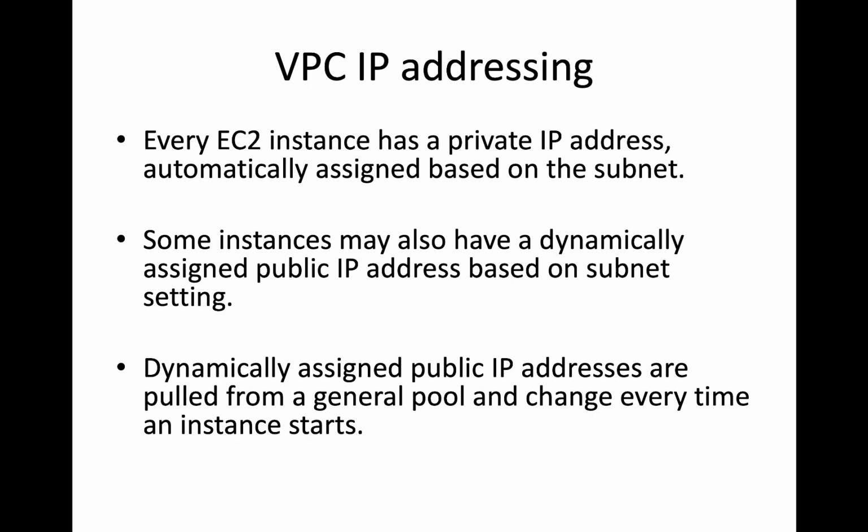Well, so when you create each EC2 instance, every EC2 instance is going to be given a private IP address. And that private IP address is going to come from the IP address block, which is associated with the VPC. Every EC2 instance you launch is going to be launched within a particular VPC.